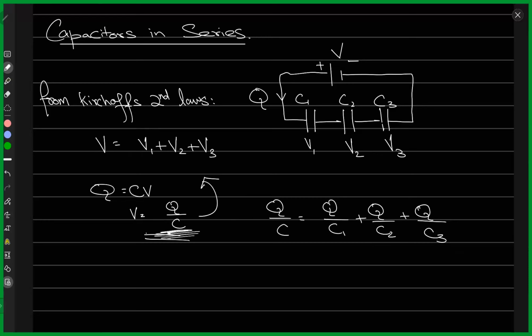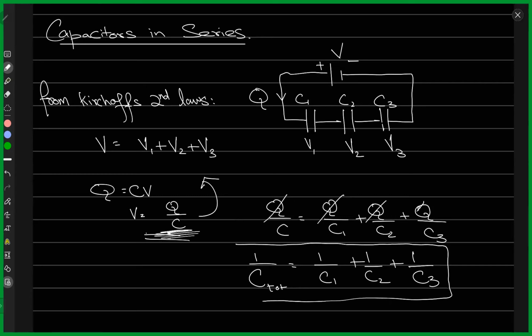So this gives me 1 by total capacitance is equal to 1 by C1 plus 1 by C2 plus 1 by C3. And this equation is the defining equation for capacitors arranged in a sequential arrangement, which is just the series arrangement of capacitors, right? So this expression is like the formula that you have for resistors in parallel, right?